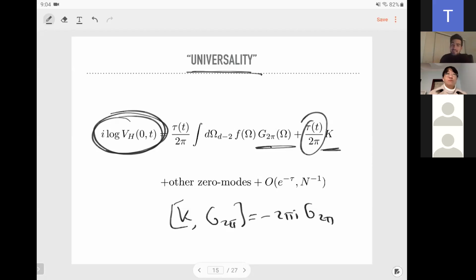Now, have I done this calculation myself to be 100% sure that this is how it works? The answer is no. I've only done the calculation of a black hole propagating in AdS and giving it little kicks that are artificial kicks that I'm introducing by hand.